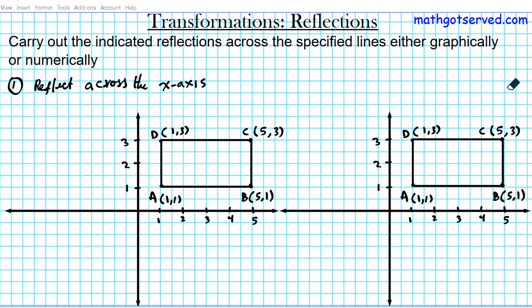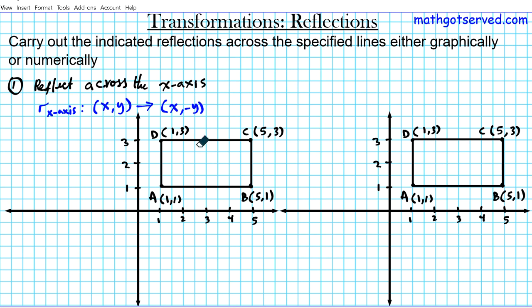The formula for reflection across the x-axis takes the point x, y, and when you reflect it across the x-axis, the sign of the other coordinate changes. So it becomes x comma negative y. That's the formula for reflecting across the x-axis.